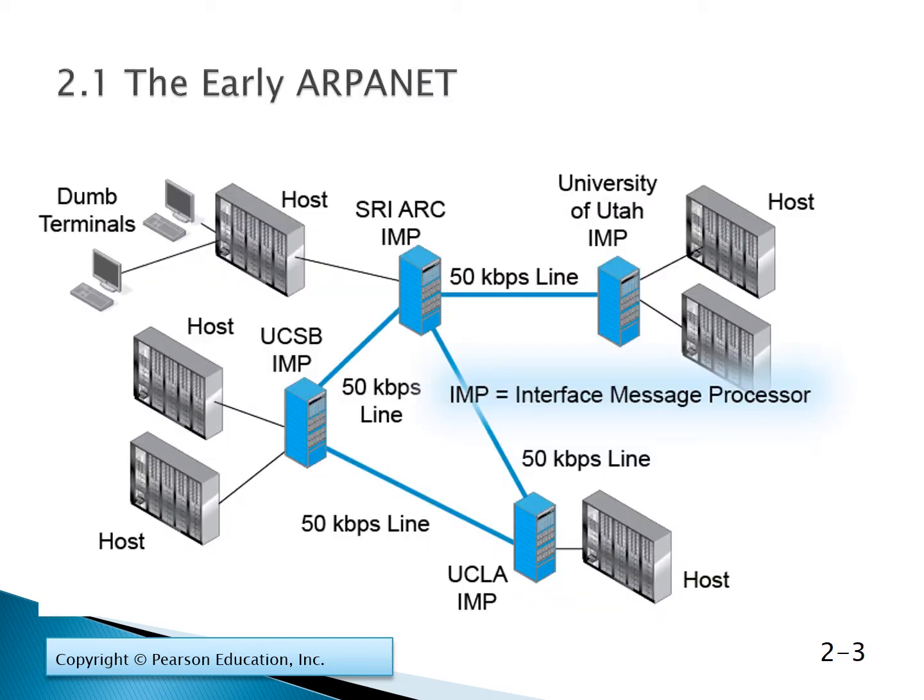This diagram is showing the early ARPANET. The ARPANET was kind of like a research project that's sponsored by the military in the US. ARPA actually is the Advanced Research Project Agency, which is under the Department of Defense in the US.